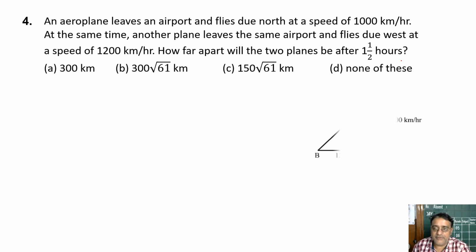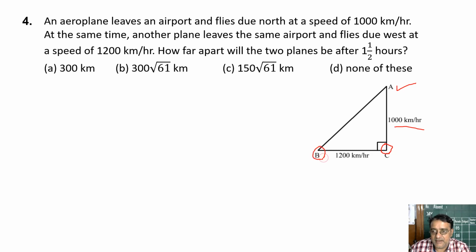Okay, so we'll do first a rough diagram. So this is the airport. Okay, here the first aeroplane reached, and the speed is given 1000 km per hour. This is the position of the second aeroplane and the speed is given 1200 km per hour.